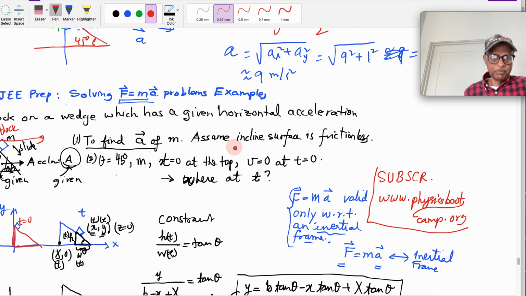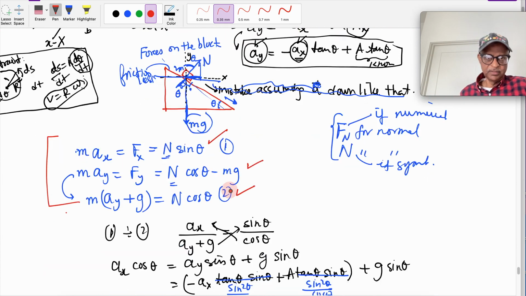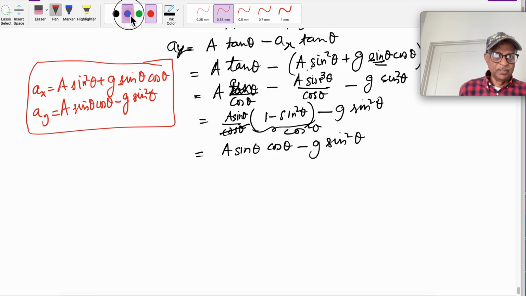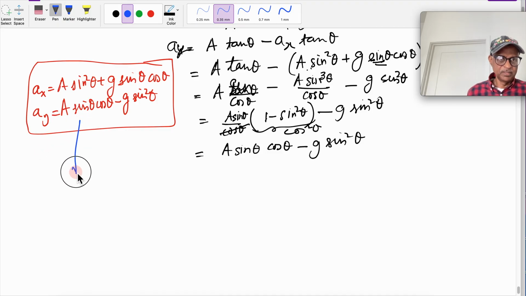But there were a couple of numerical things we were going to do, so let's quickly do it. It took me longer than it should have. From here, we're saying theta equals pi over 4.